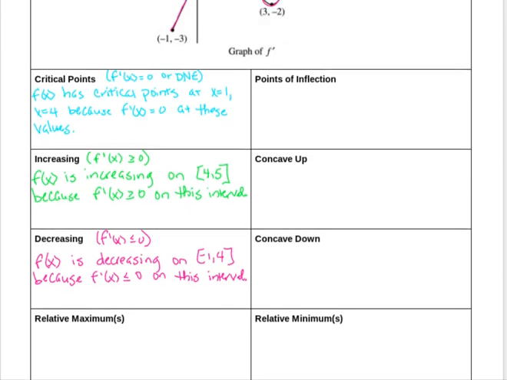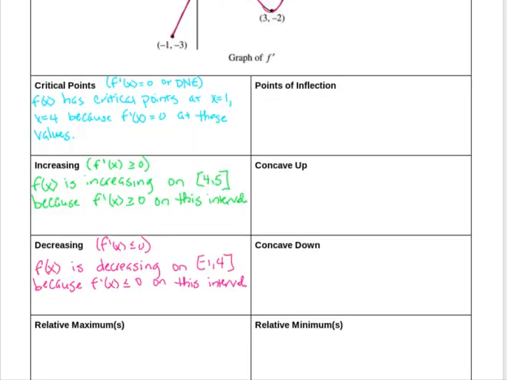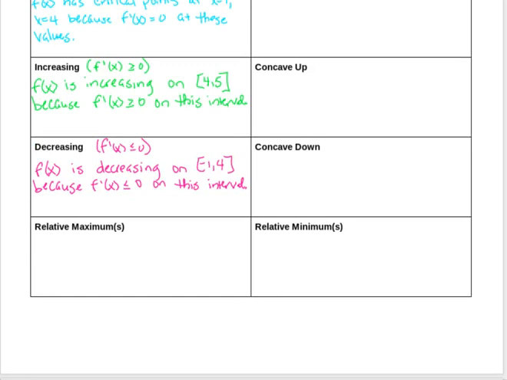Now we have to think about the relative maximum and the relative minimum. In order to do that, we have to think about what that actually means, right? So I'm just going to sketch some stuff out below there. A function has a relative maximum if f prime changes from positive to negative.